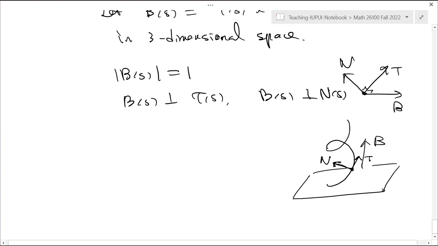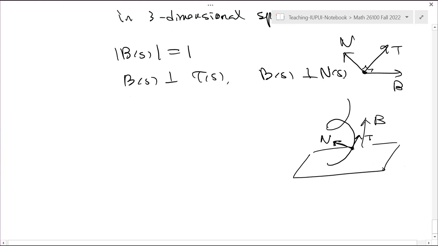So how do we find the curvature at a given point? Given gamma of t, my question is how to find the curvature.